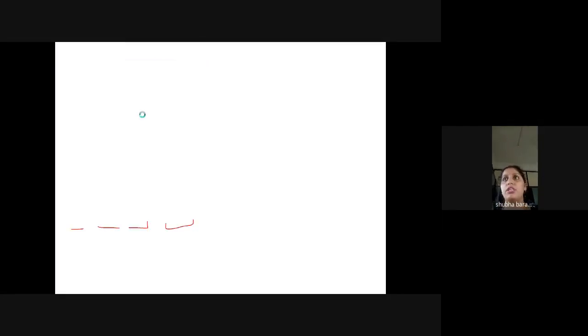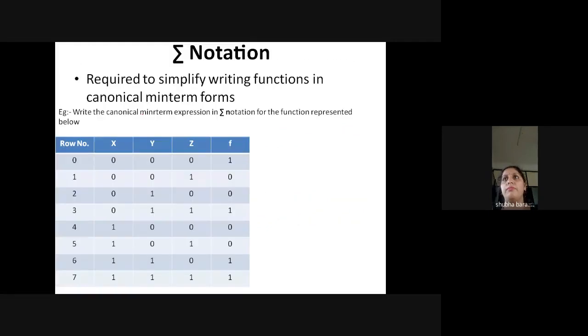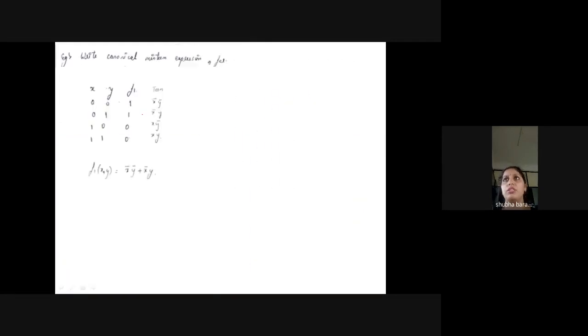If you see this truth table, 0 is written in the complemented form. This is x bar, this is y bar. So 0, 0 is x bar, y bar. Then 0, 1 is x bar, y.